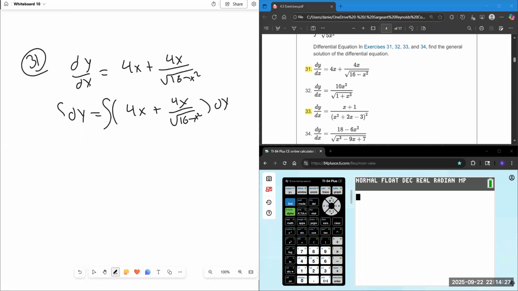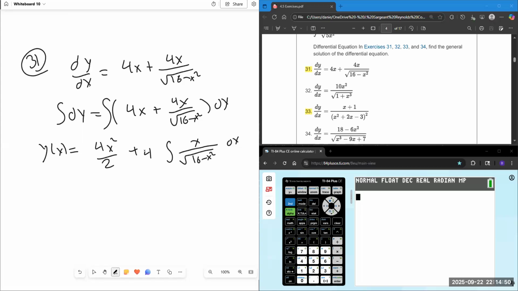Then I want to integrate both sides, so y of x is equal to 4x squared over 2 plus, I have my u substitution here, for the integral of x over root 16 minus x squared.